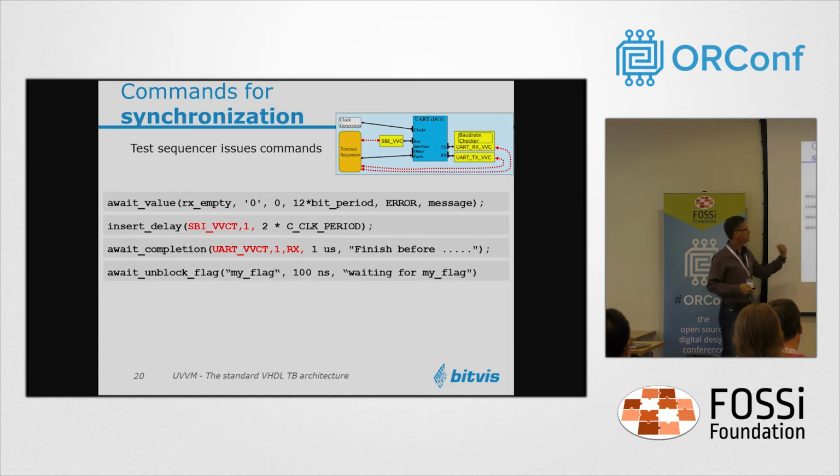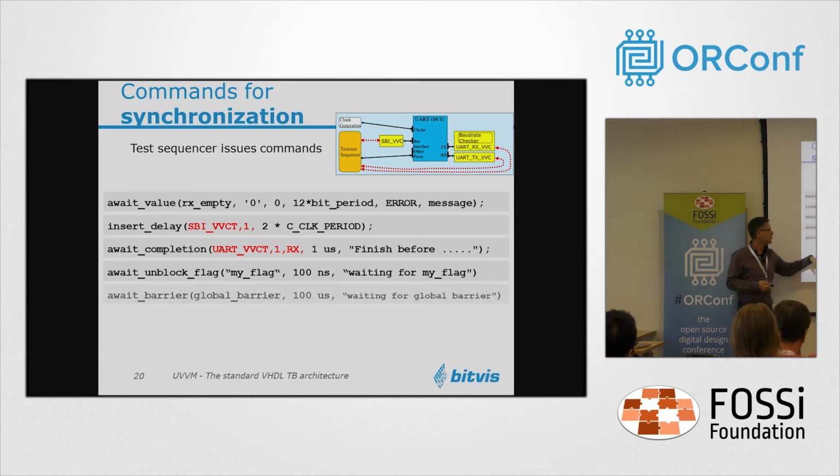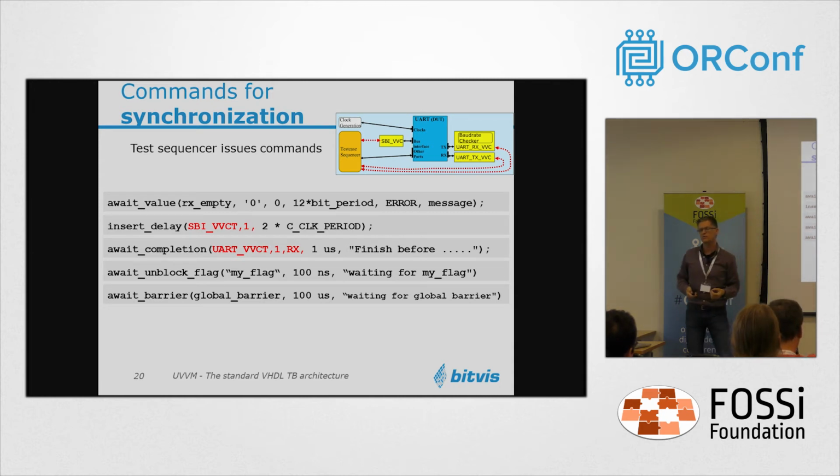Of course, in some cases, you may need to have multiple sequencers. And for that, you need some more synchronization mechanisms. In this case, you could use a flag or you could use a barrier, just to make sure that one process makes another process wait for the first one, or multiple ones.